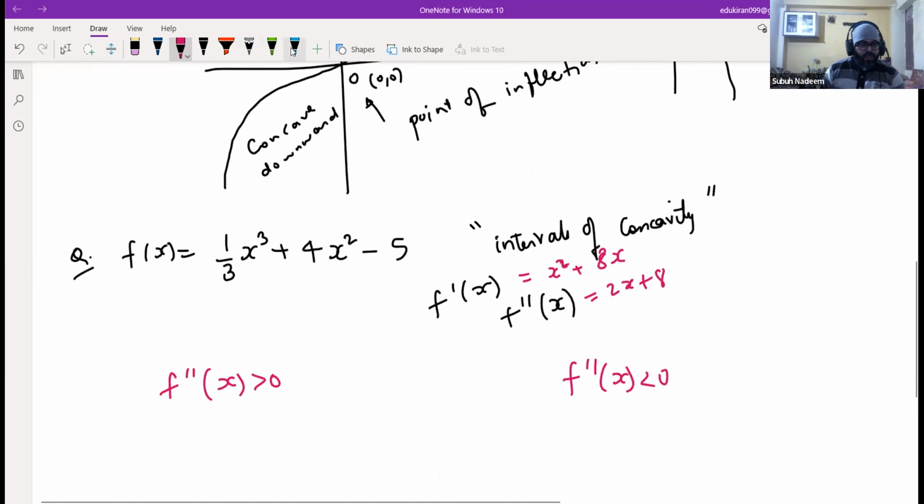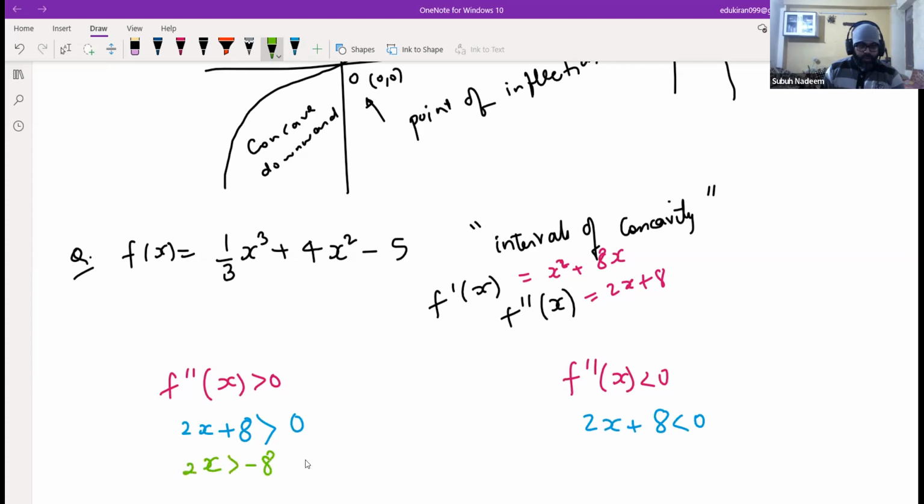So for this, we will take 2x plus 8 as positive and 2x plus 8 as negative. If 2x is greater than minus 8, x is greater than minus 8 by 2, that is minus 4. Here 2x is less than minus 8, so x is less than minus 4.